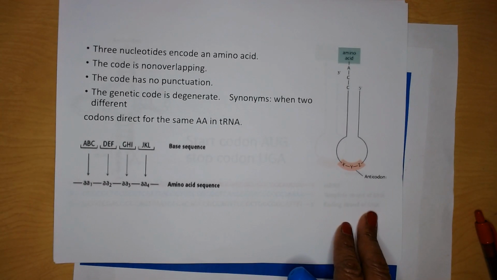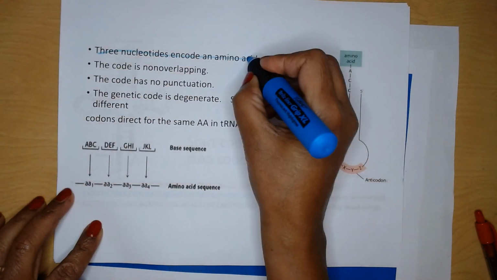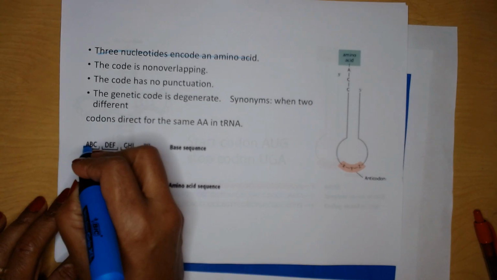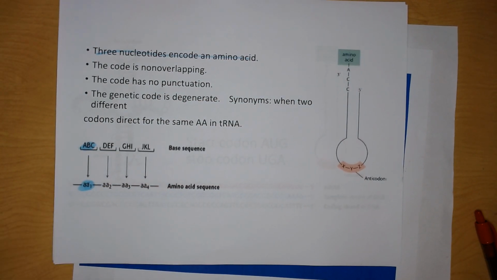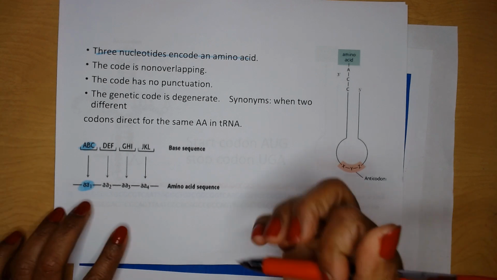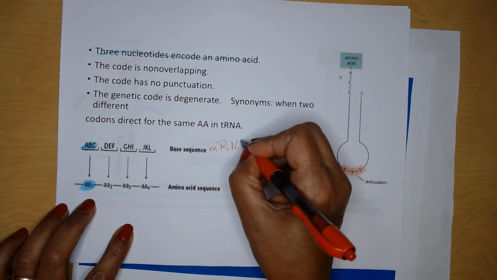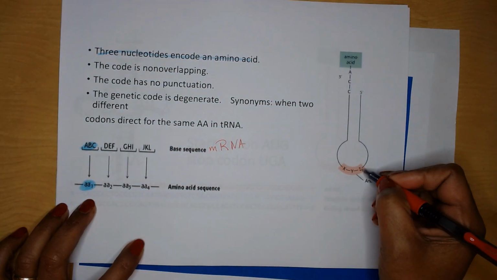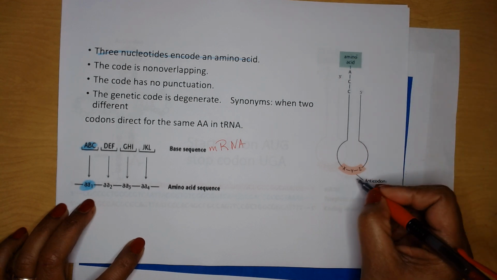The first one is that 3 nucleotides, as we have mentioned, will codify for one amino acid. So that is 3 nitrogen bases for only one amino acid, and that is going to be in the sequence of mRNA. So mRNA is going to be read. Let's say that this is a cartoon for a tRNA that carries an amino acid.